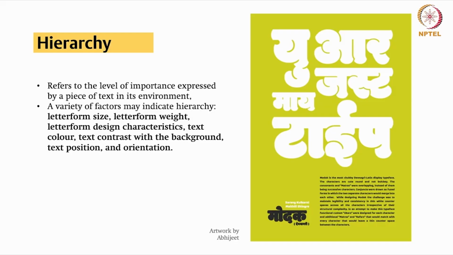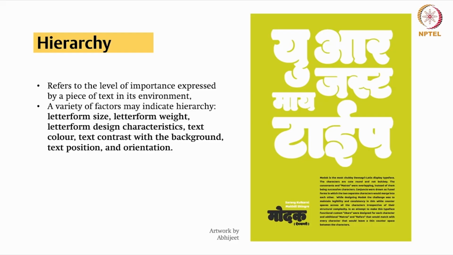There are various factors that may indicate a composition's hierarchy, such as letter form size, letter form weight, letter form design characteristics, text color, text contrast with the background, text position and orientation.